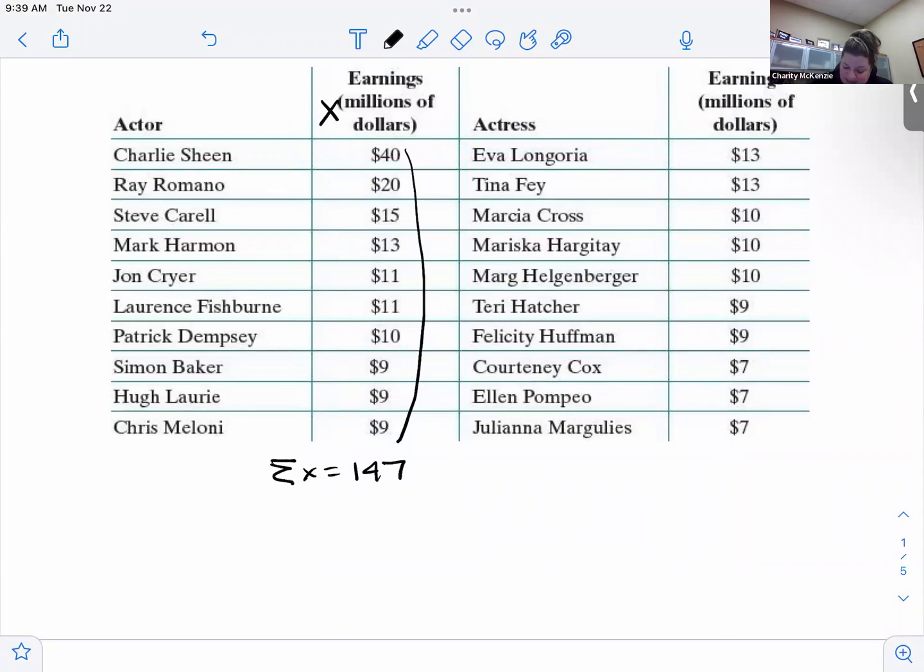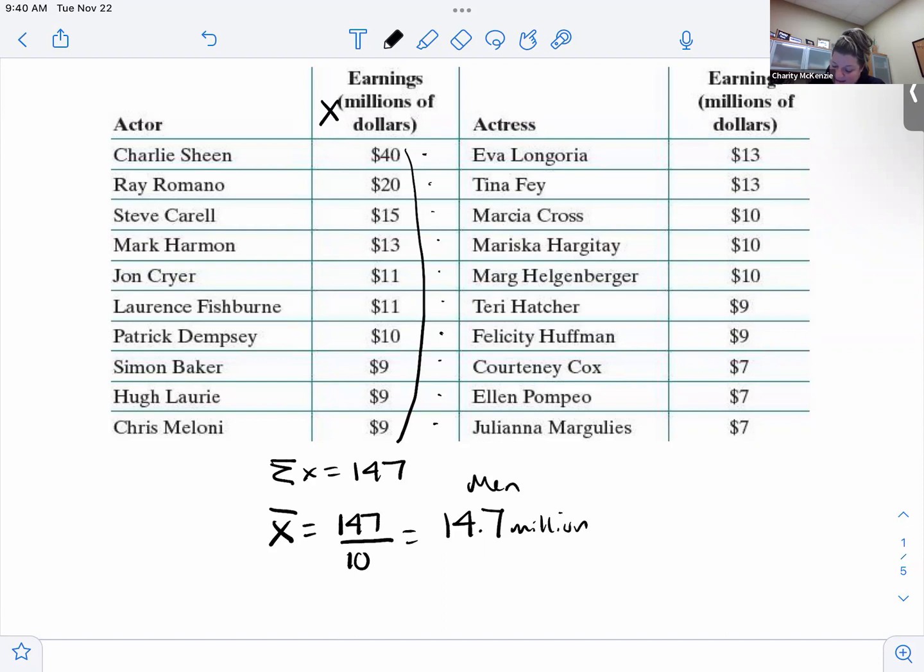Then to find the mean, I'm going to take the 147 and divide by 10, because there were 10 of those. So I get 14.7 million. It's always in millions for these ones.